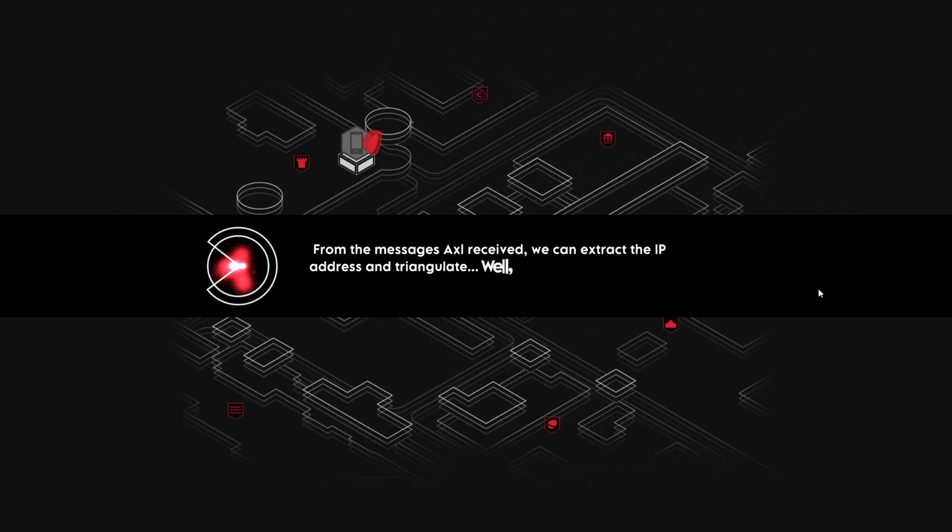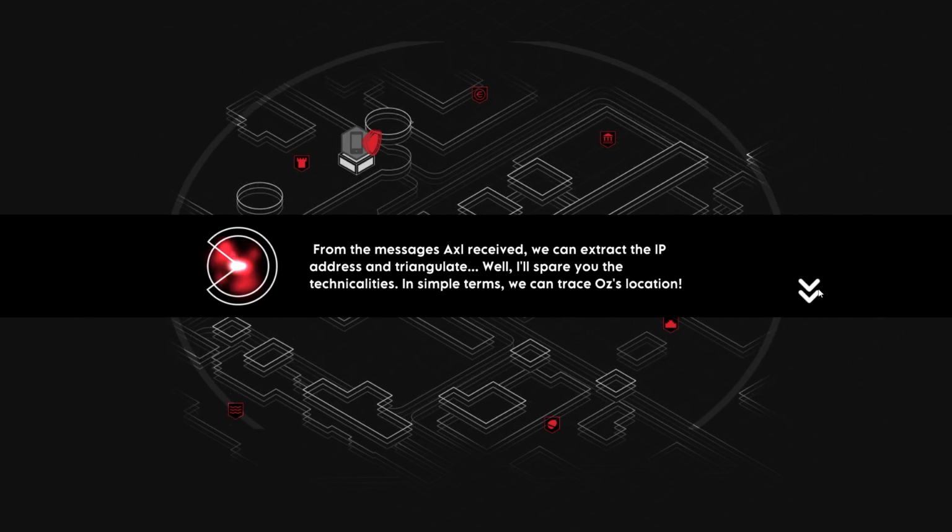From the messages Axel received, we can extract the IP address and triangulate. Well, I'll spare you the technicalities. In simple terms, we can trace Oz's location.